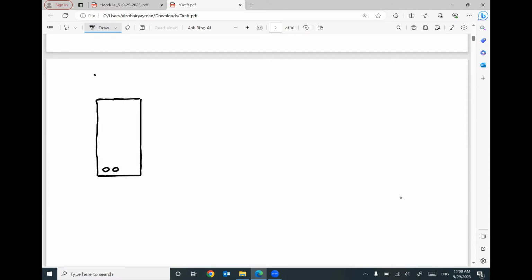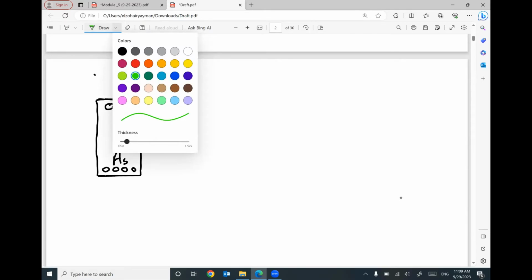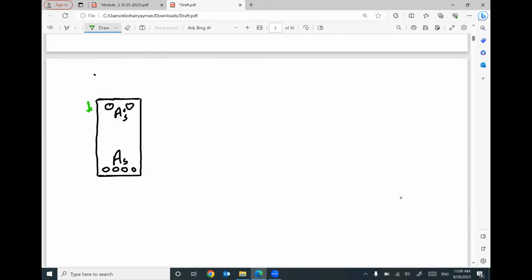I have more steel reinforcement at the bottom, and this area of steel must be greater than the area of steel at the top. And keep in your mind, we have a depth here called d prime, and we have another depth here called d. And we have this width b.